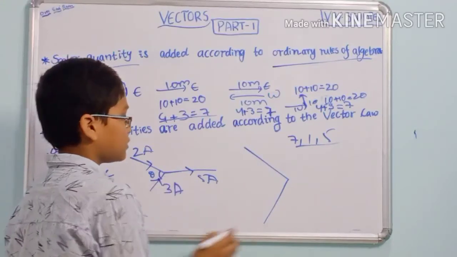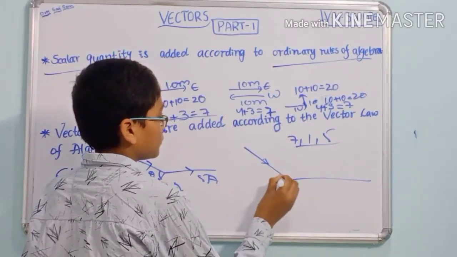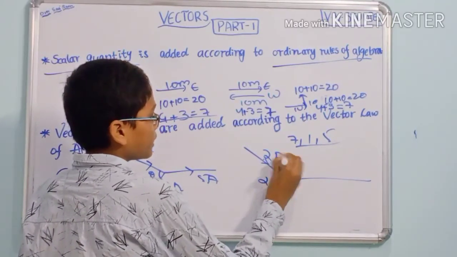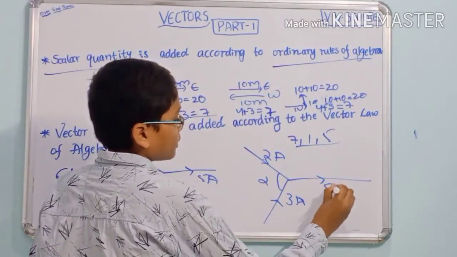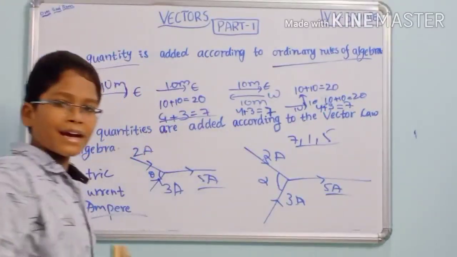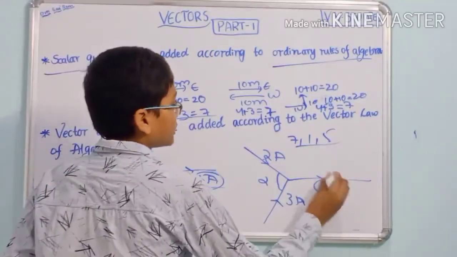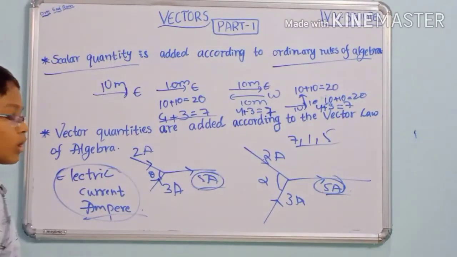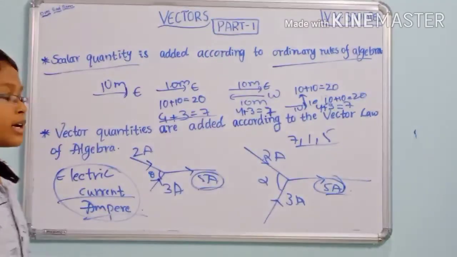See, the angle is changed. Now think this is alpha. 2 ampere, 3 ampere. Here the final resultant will also be 5 ampere. The angle is changing, meaning the direction is changing, but the resultant is not changing. So that is why electric current is not a vector. Understood?